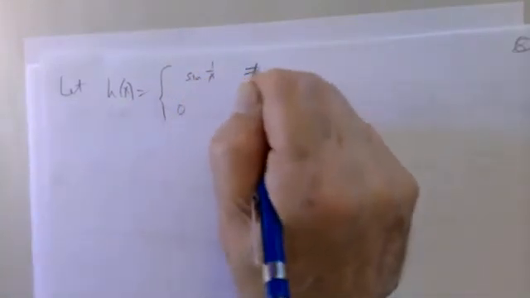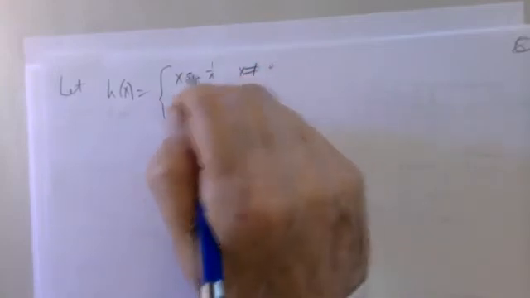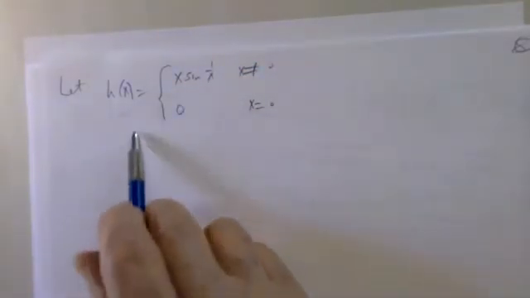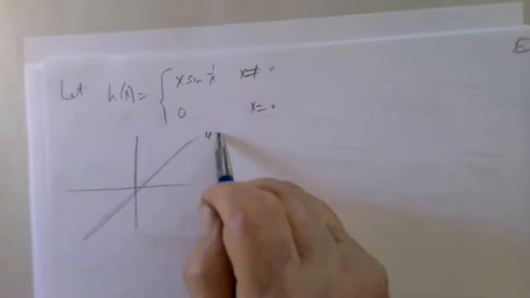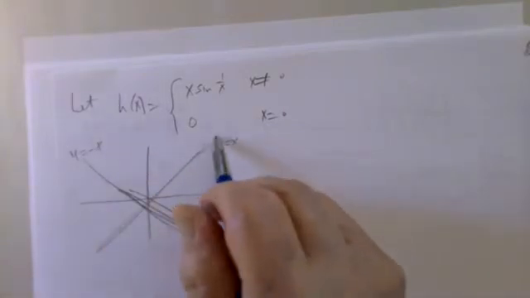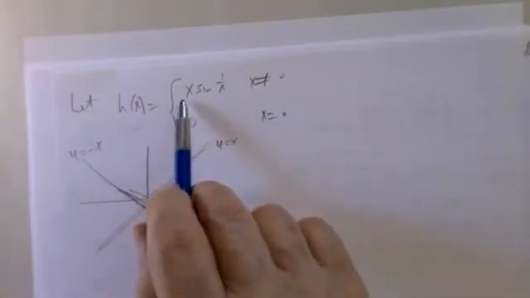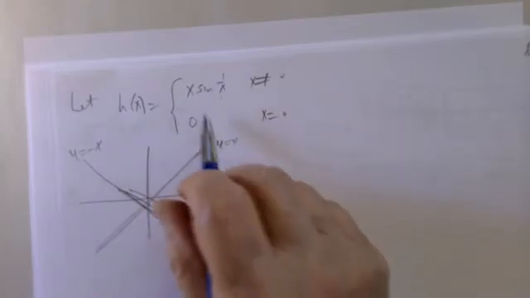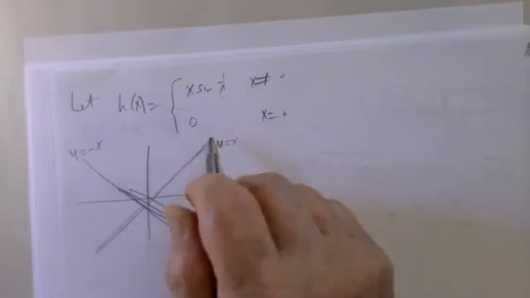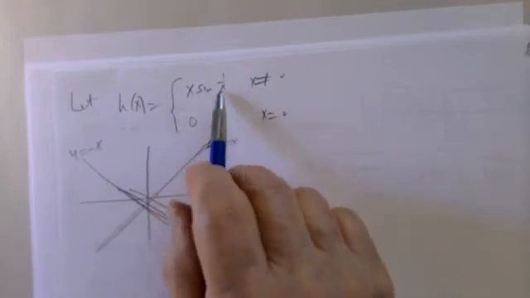For x different from 0, x times the sine of 1 over x. Now, if you look at the line y equals x, it's this straight line. And if you look at the line y equals minus x, it's this straight line. And this function, x sine 1 over x, when sine 1 over x is 1, this function is equal to x. When sine 1 over x is -1, this is equal to -x.